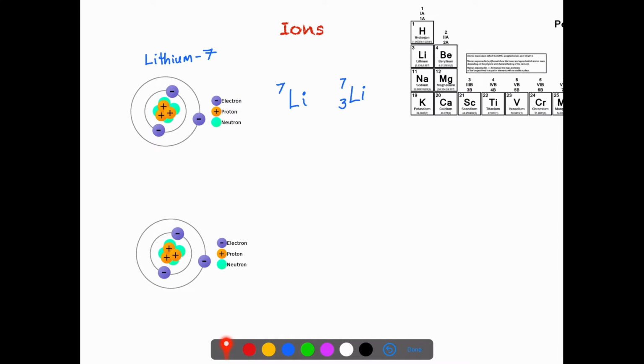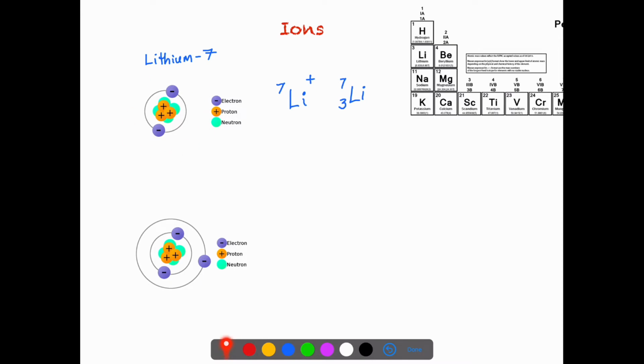Okay, now if I take out one electron from this, think about it. Is this atom neutral? No, because you have 2 electrons and 3 protons. Your positive charge exceeds the negative charge. So you have one extra positive charge, so this gets a positive charge. This is no longer electrically neutral.